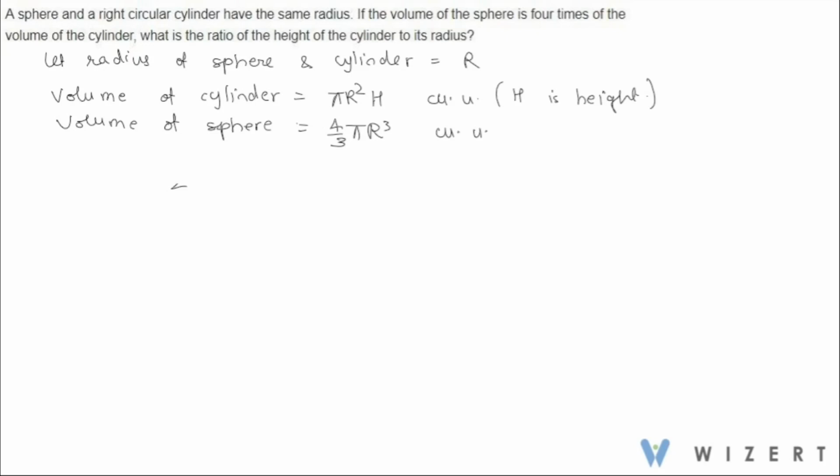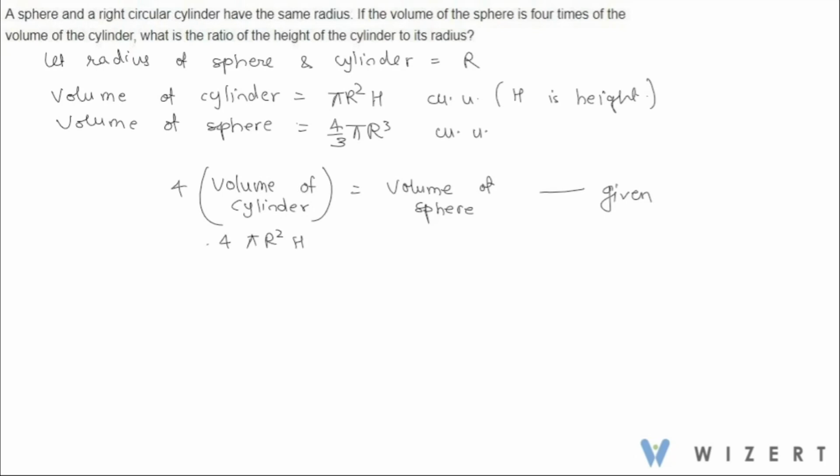Therefore, we can say 4 times pi r square h, or 4 times the volume of cylinder, is the volume of sphere. This is given. Therefore, 4 times pi r square h equal to 4 by 3 pi r cube.